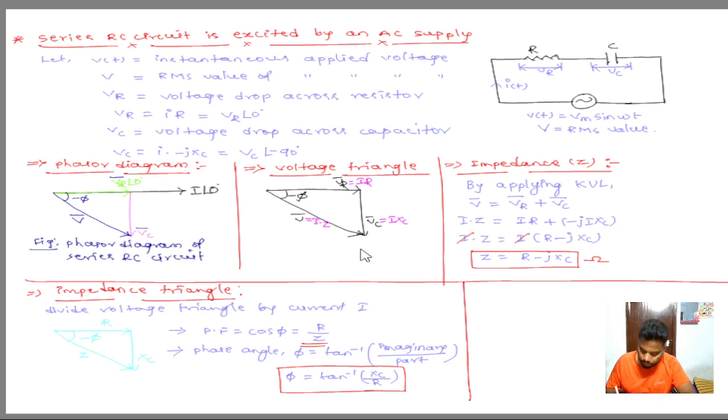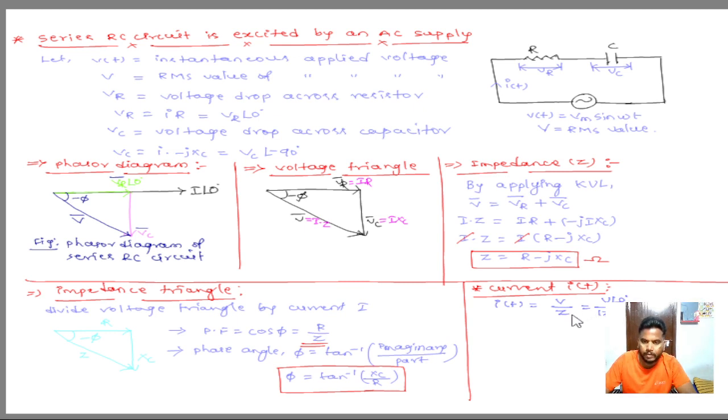Current I of t. What is the formula for current? Current I of t is equal to V by Z. From this I am writing V at an angle 0 by mod Z at an angle minus phi, because phi is negative here.